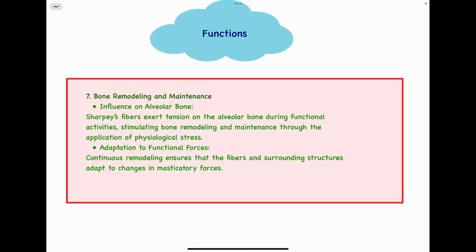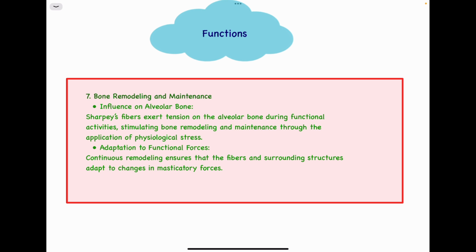Moving on towards the last function, bone remodeling and maintenance of the bone. First of all, we'll talk about the influence of Sharpey's fibers onto the alveolar bone. These fibers exert a tension on the alveolar bone during functional activities. This stimulates the bone remodeling and maintenance through the application of physiological stress. So there are two kinds of stresses onto the tooth. One is physiological and the other is obviously the pathological stresses.